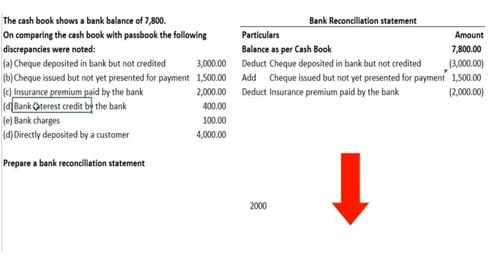Bank interest credited by the bank means the bank increased our balance by 400, because we have some balance in the bank, and obviously banks give some interest on our balance. For interest credit, our balance will be increasing.